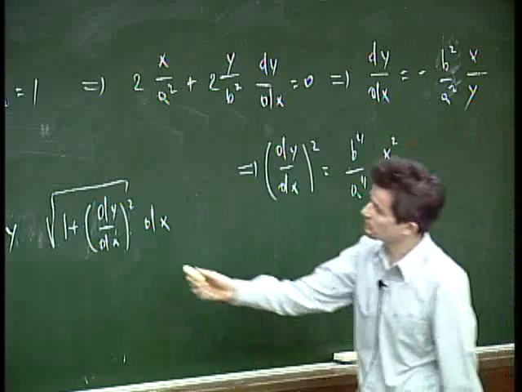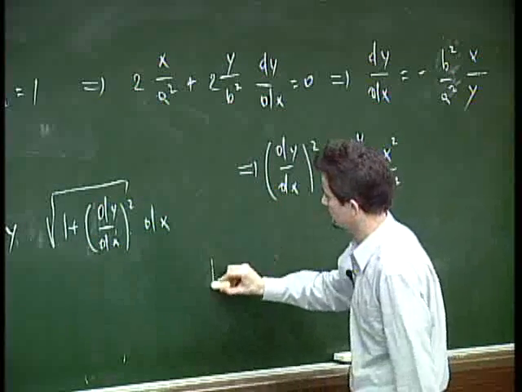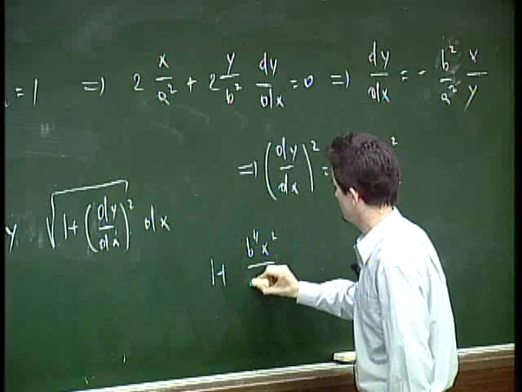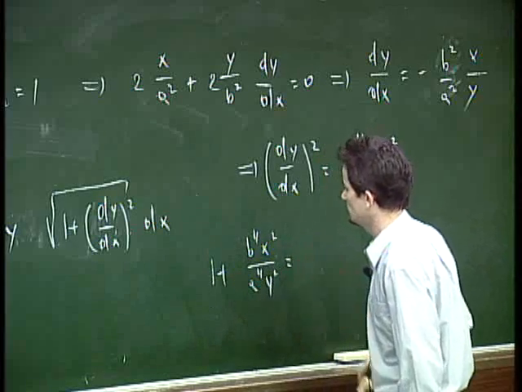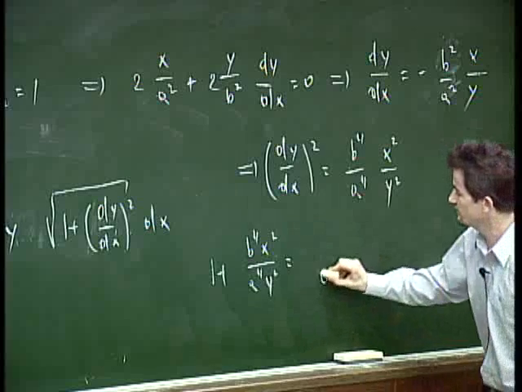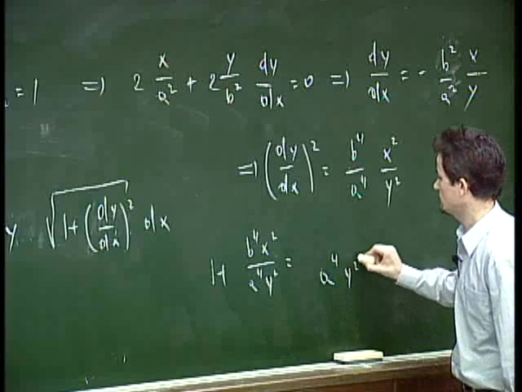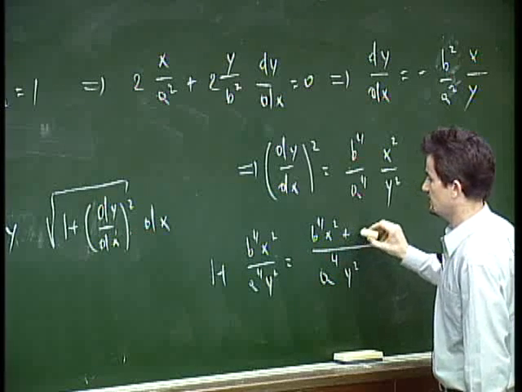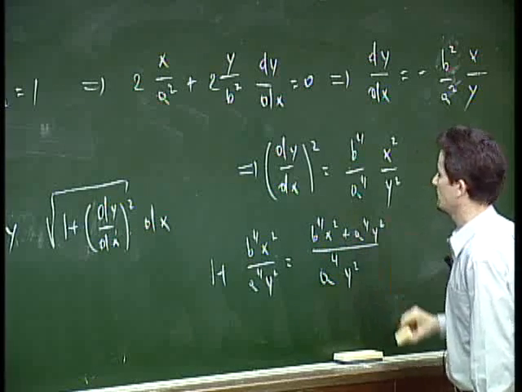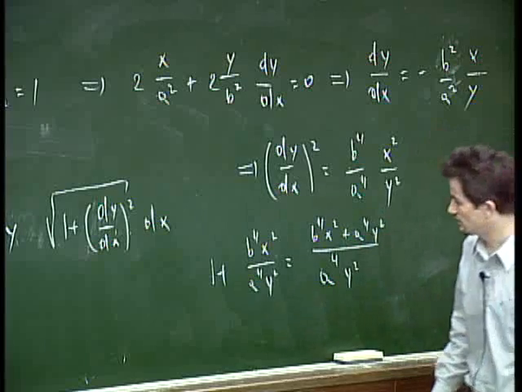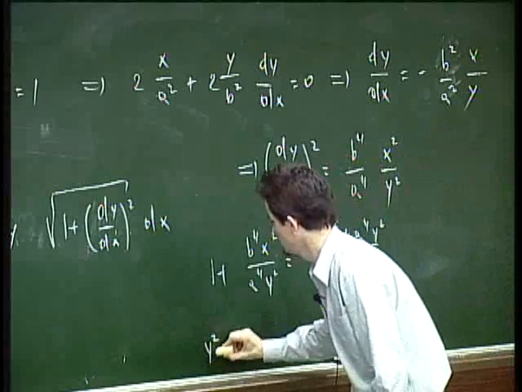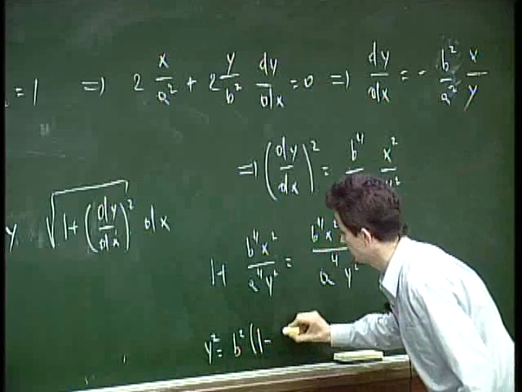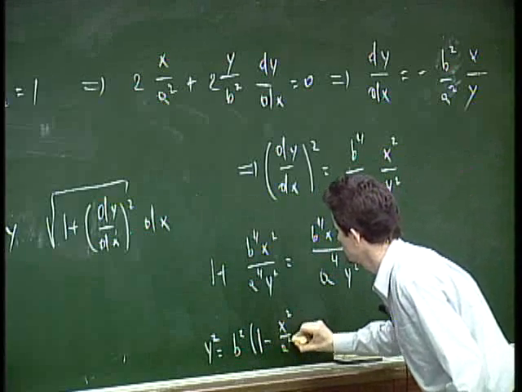Now, because we have to plug it in here, let's look at 1 plus b to the fourth x squared over a to the fourth y squared. Okay, so this gives us a to the 4 y squared plus b to the 4 x squared, over a to the 4 y squared. Now, y squared is equal to b squared times 1 minus x squared over a squared.